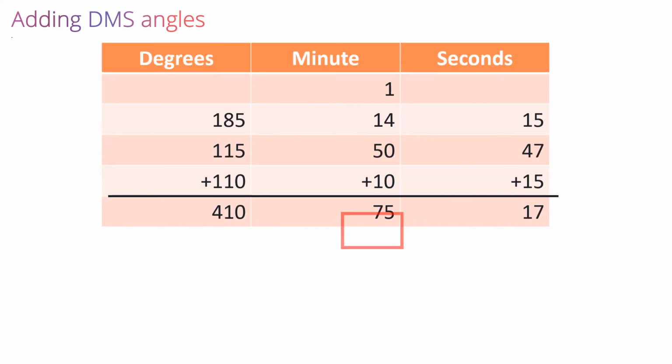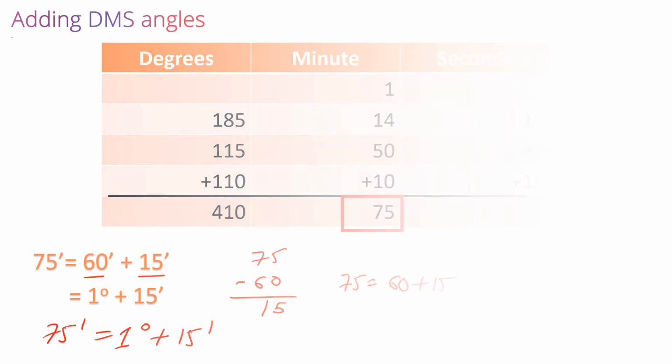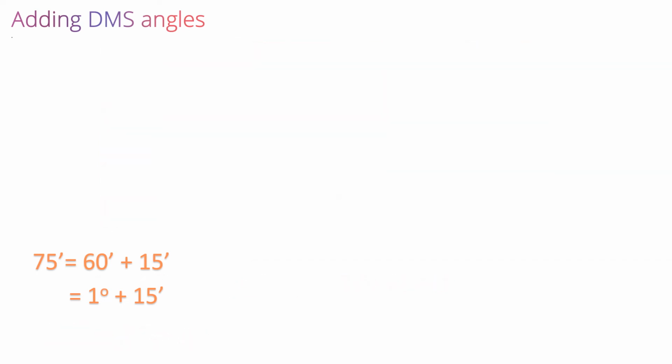You can write 75 as 60 plus 15. 60 minutes is equal to 1 degree, so we can write 75 minutes as 1 degree plus 15 minutes.